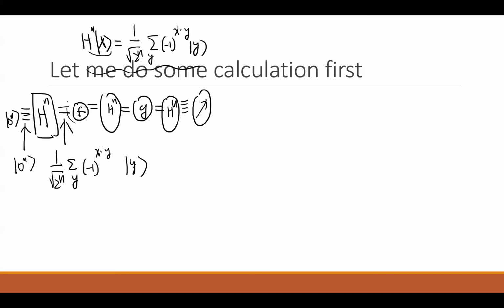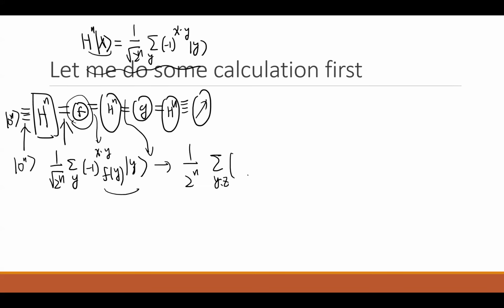Then you apply f here, you get f of y. Previously I used minus 1 to f of y, but now I shift f to be either plus or minus 1, so it's f of y. Now I apply Hadamard again. So I get 1 over 2 to the n summation over y and z, you need an extra variable.